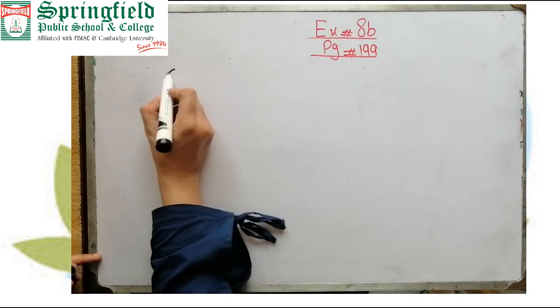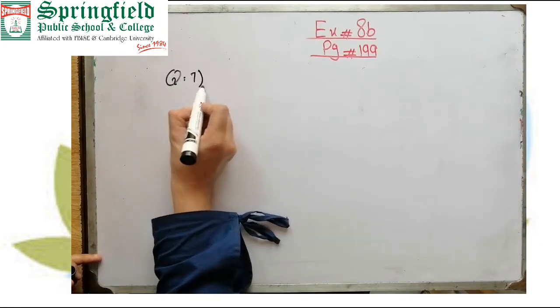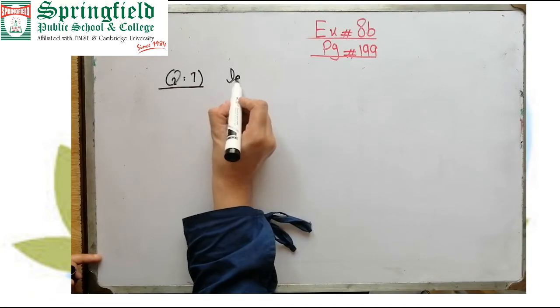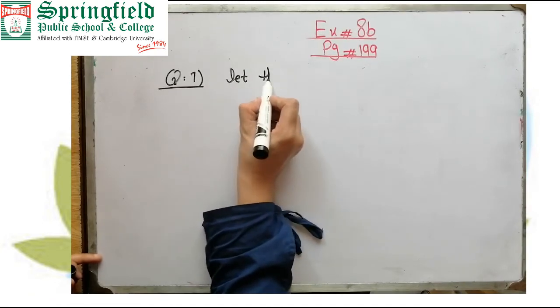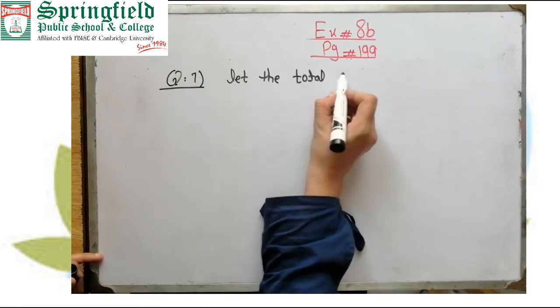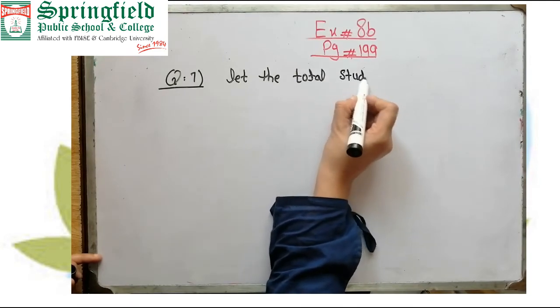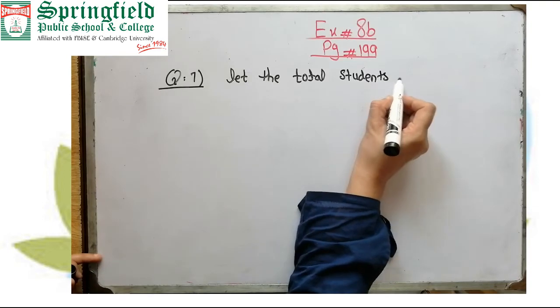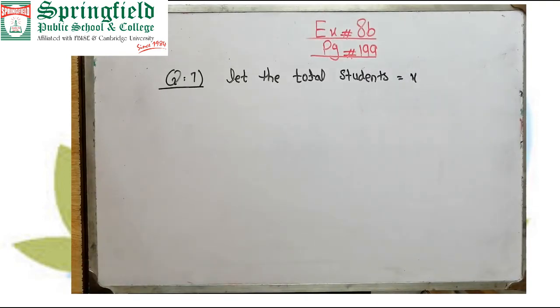First we are doing question number 7. So let the total number of students be x, and they are saying that 45% of the students who take part in the creative writing competition are boys.